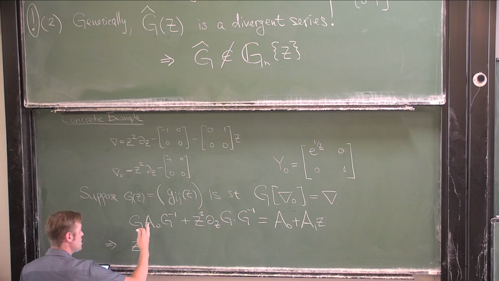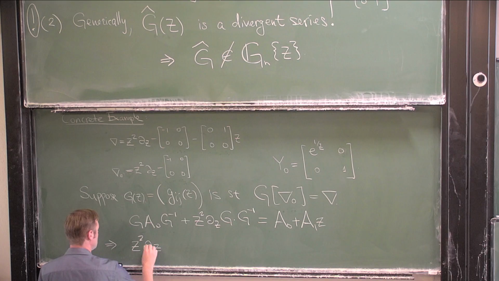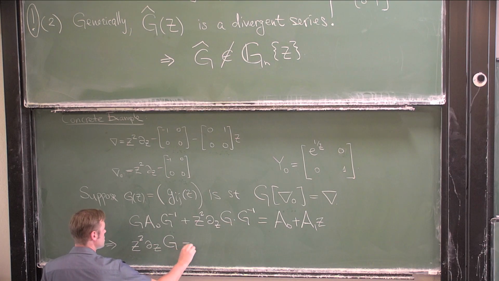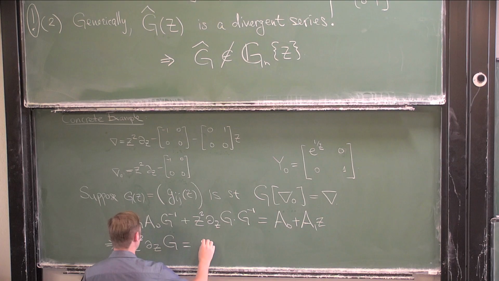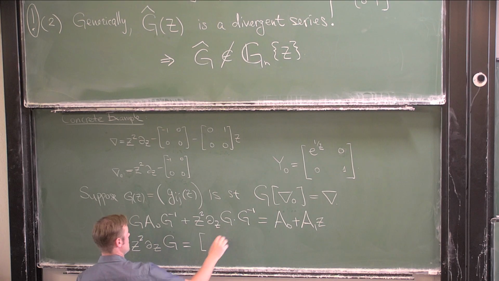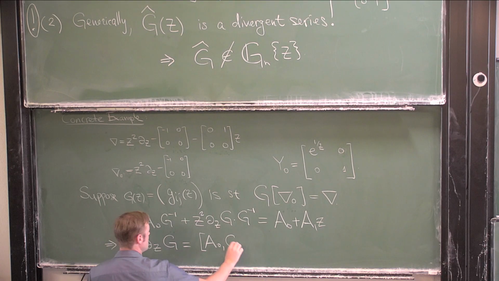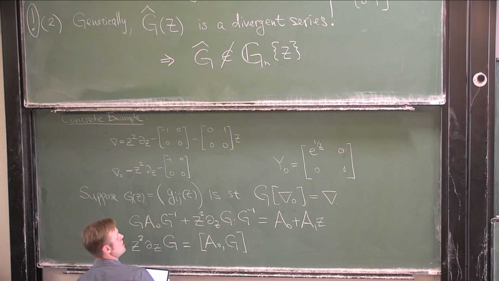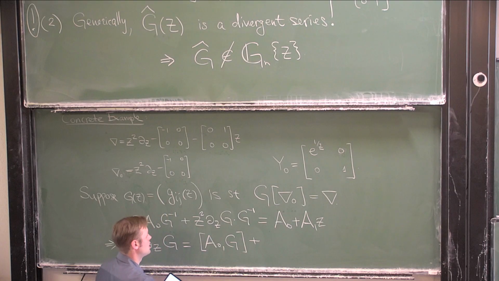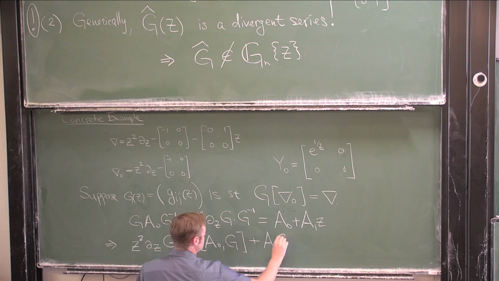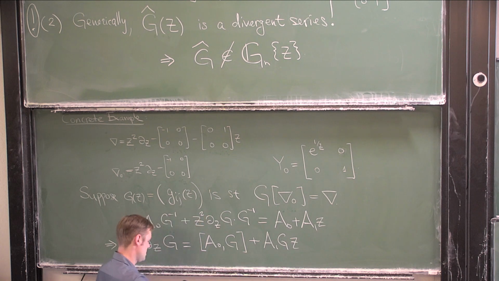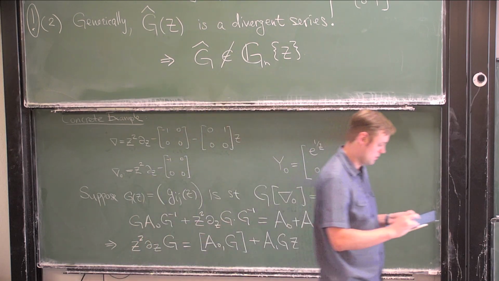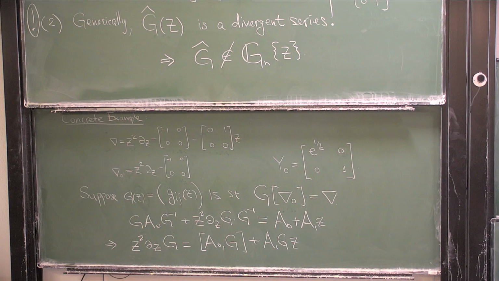So I'll multiply by G on the right. And so I get this differential equation for G, which looks like the commutator of A0 with G, I think, plus A1 G Z. I think that's what I got.